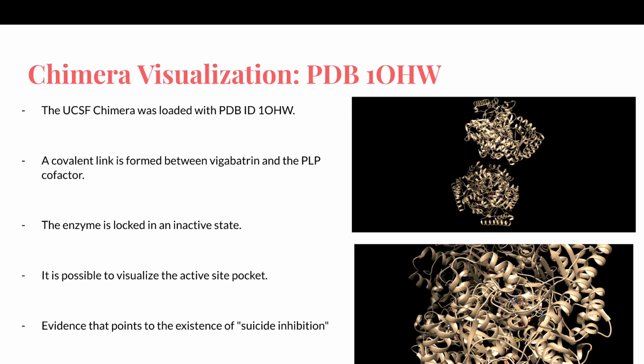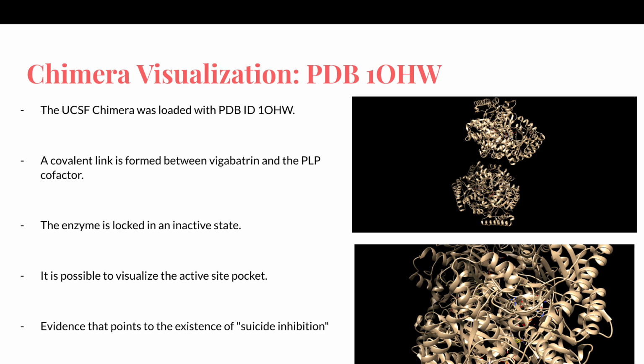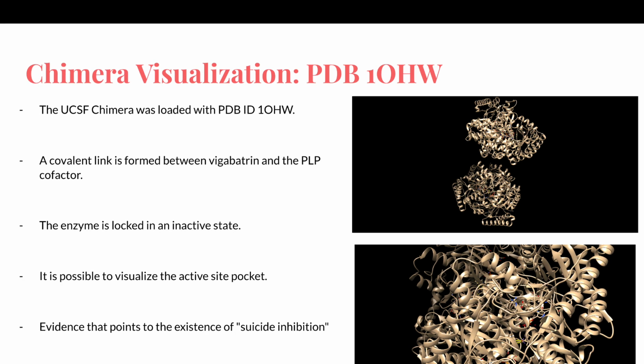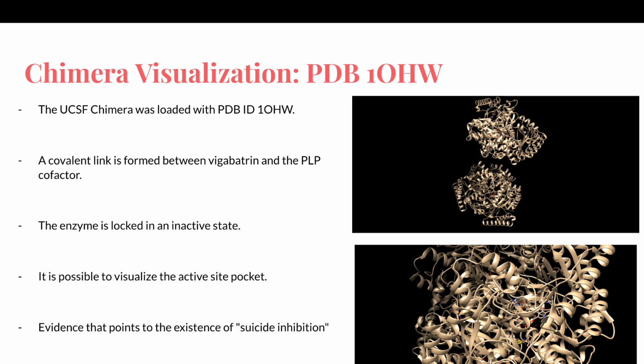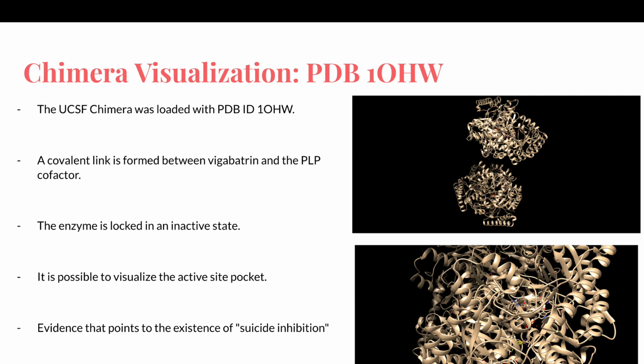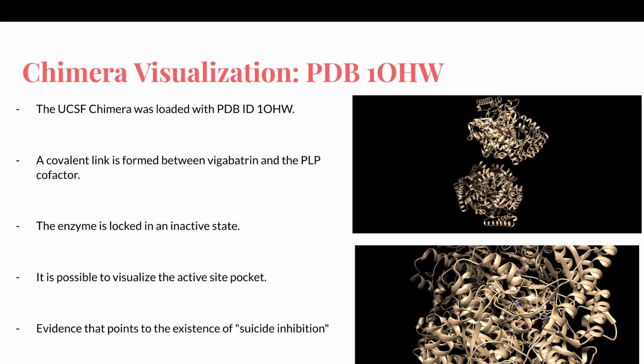Now, after understanding this, we can use the Chimera visualization, and when I open the 1OHW structure, you can see the whole GABA transaminase enzyme, and right in the middle of those coils is the active site. When I zoomed in, which is the bottom image, it lets you actually spot Vigabatrin, and it's a cluster of colored sticks.